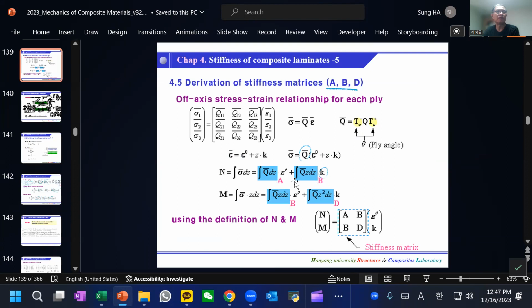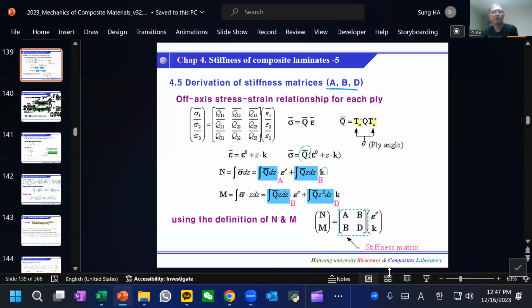I'm just trying to remind you of the derivation of classical laminate theory, with the A matrix, B matrix, and D matrix. The moment and curvature relation is directly related by the D matrix. D, as you can see, has a Z squared there, and the Q bar.